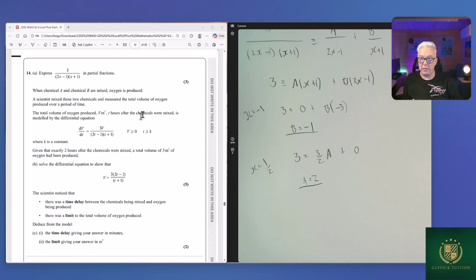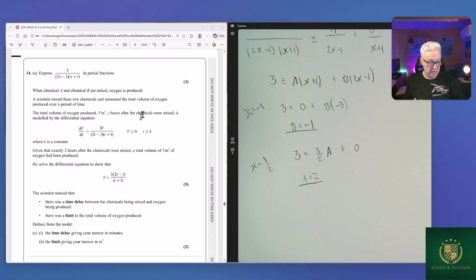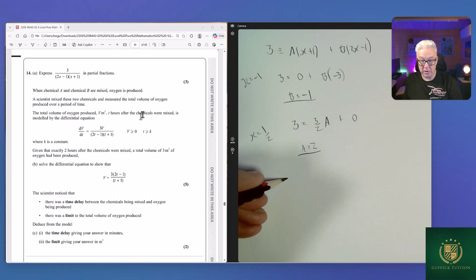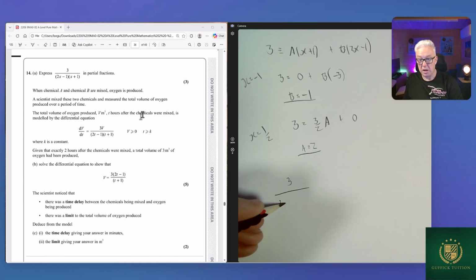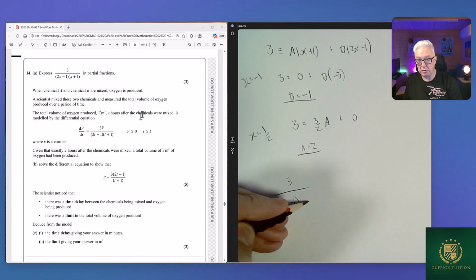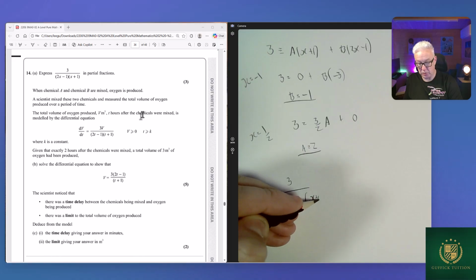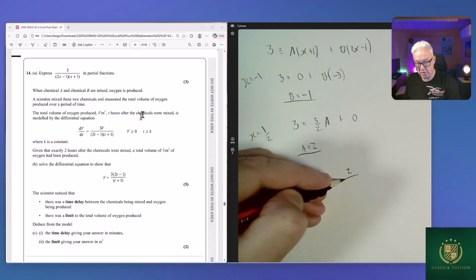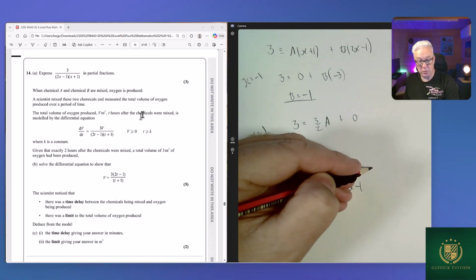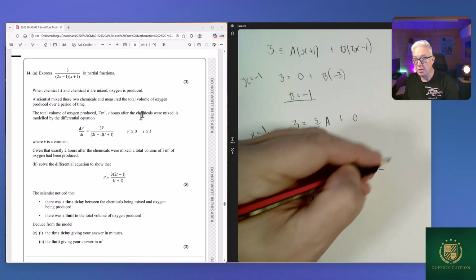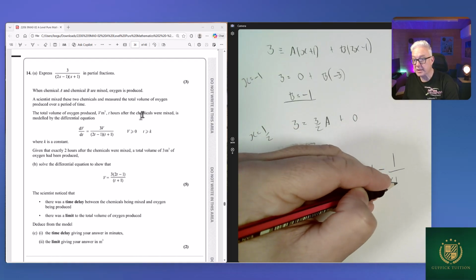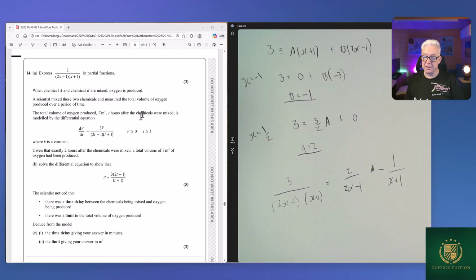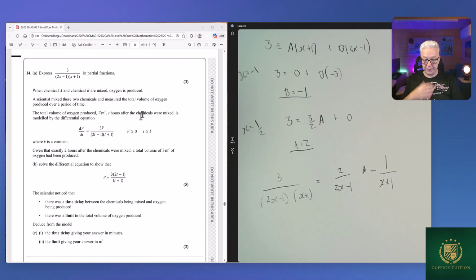So I've worked out what my A and my B are for my partial fractions. Okay, so we can say therefore that we have got 3 over (2x minus 1)(x plus 1) is equal to 2 over 2x minus 1 minus 1 over x plus 1. Okay, so that's our partial fractions done there.